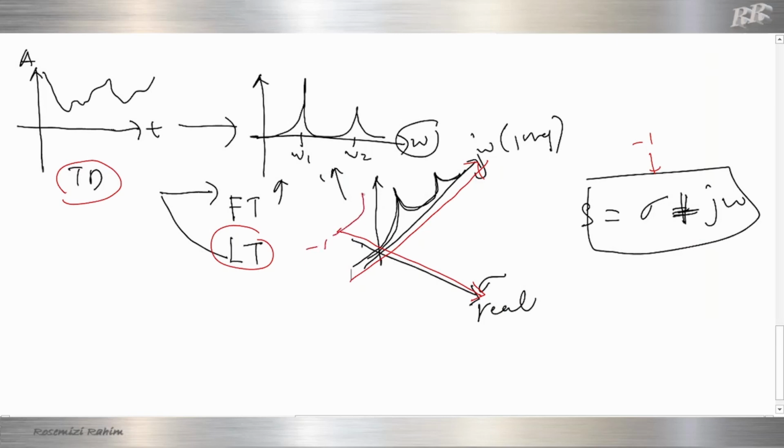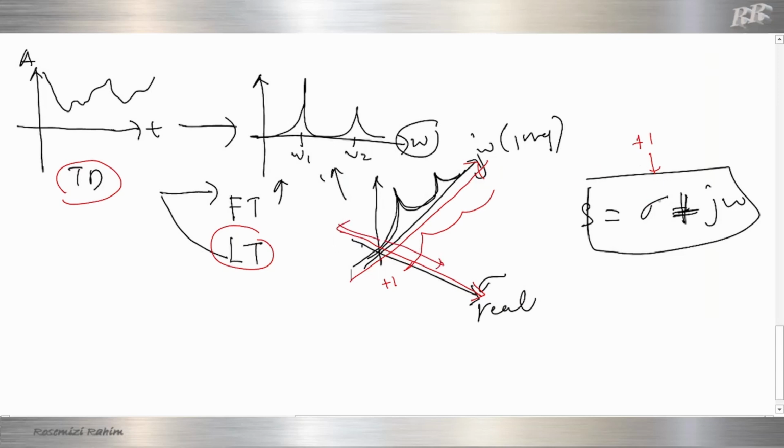So we can move the graph along the real axis. And if our sigma is +1, the graph will be here, at +1.